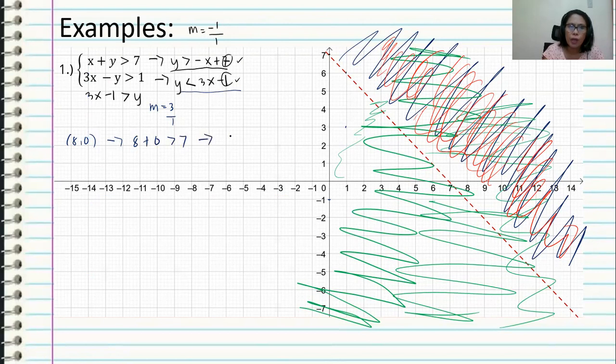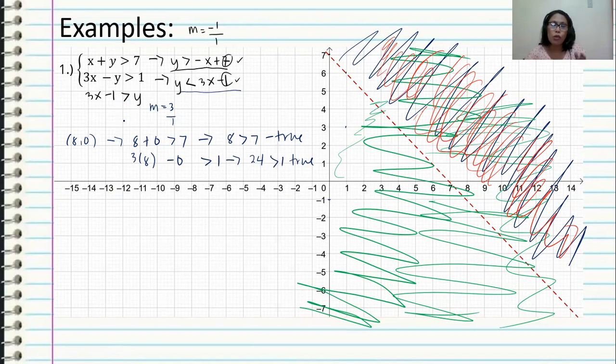So really, 8 is greater than 7 is true. Likewise here, 3 times 8 minus 0 is greater than 1. So this is 24 is greater than 1, which is also a true statement. So all these points in the solution set for the system must satisfy both inequalities, meaning as we substitute each of the points represented by the solution of the system to both inequalities, we will always come up with a true statement.